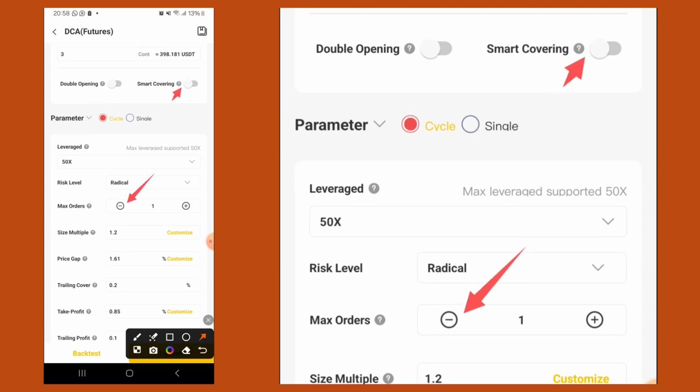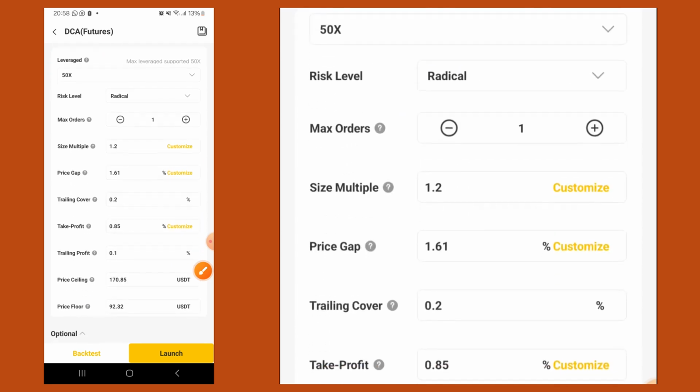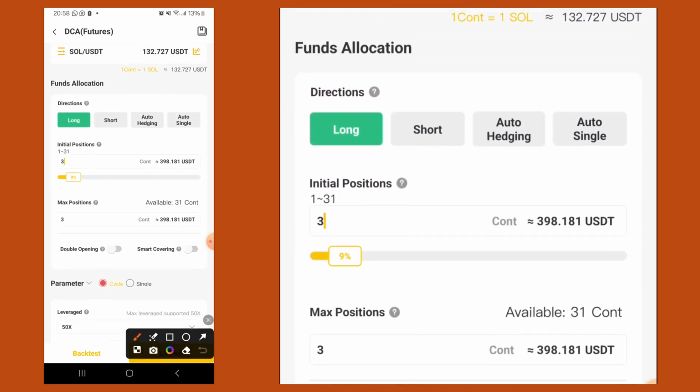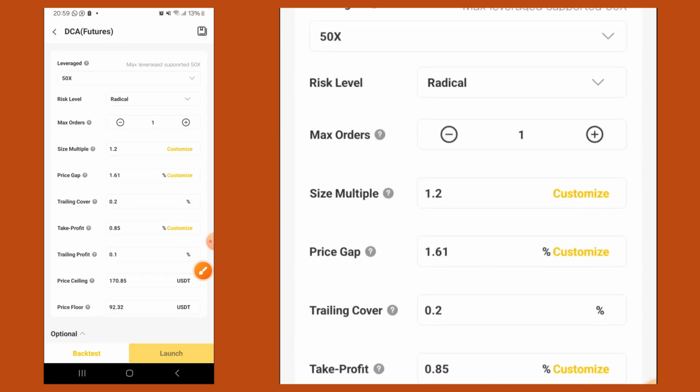Ignore this and make sure that you have set this to cycle if you're following my strategy. And then after seeing that all is well and your calculations are okay, of course, right here, you can just launch. So I'm going to launch this trade.